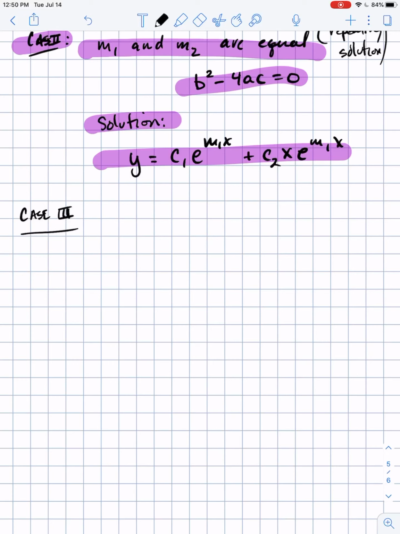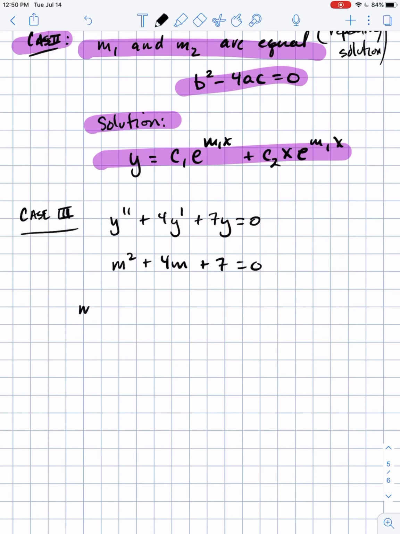So the third case is going to be where we can't factor. I mean, you could use quadratic for all these. So again, I'm just going to start with m squared plus 4m plus 7 equals 0. And now this is not factorable. So what I want to do is just solve.